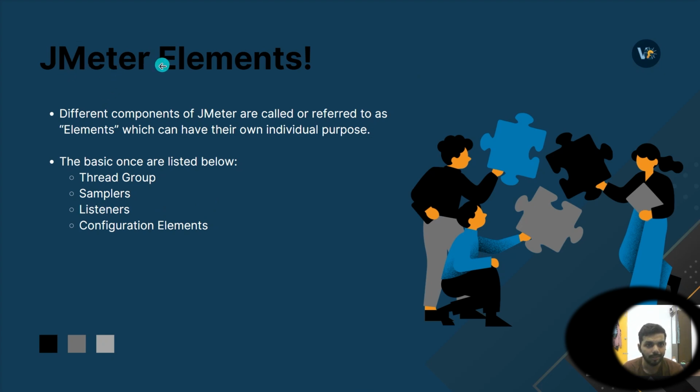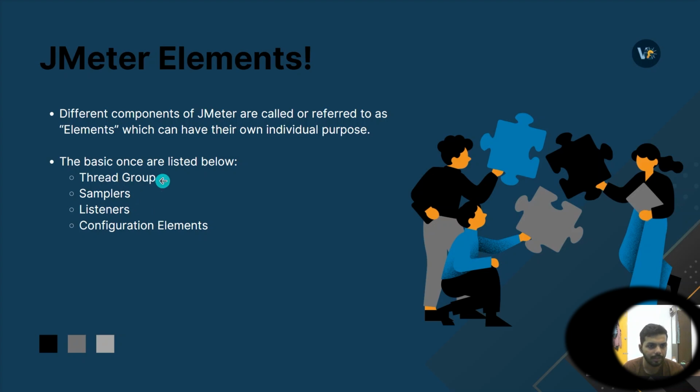The different components of JMeter are referred to as JMeter elements, and each element has its own individual purpose. The basic ones are listed here: thread group, sampler, listener, and configuration elements. There are many other elements in JMeter, and these are just the basic ones that you need to write your first test case inside JMeter.